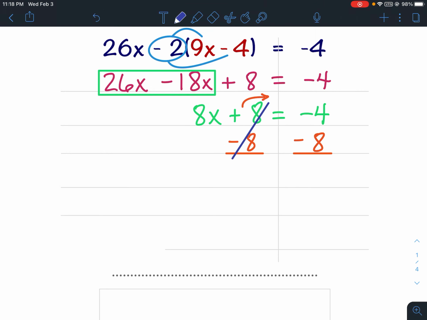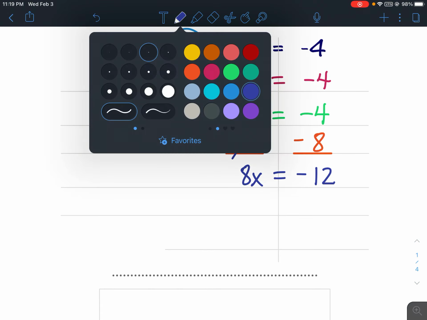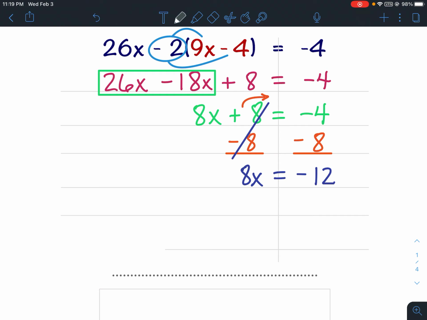The 8's will cancel. Bring down the 8x. Keep the equal signs lined up. Negative 4 minus 8 is negative 12. Last step is to isolate the variable. It's multiplication, so that means I need to divide both sides by 8.